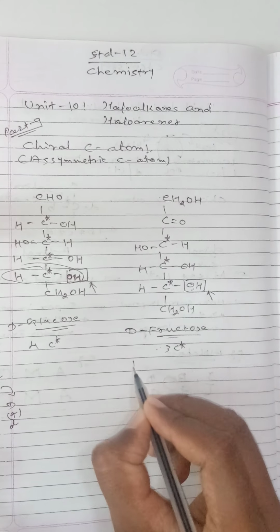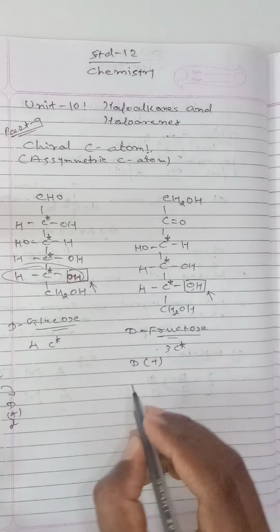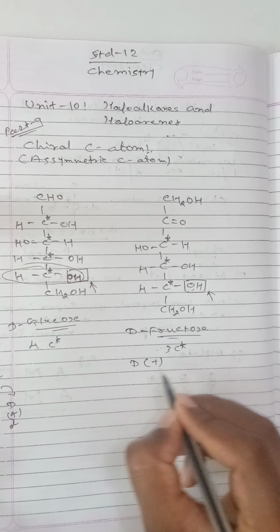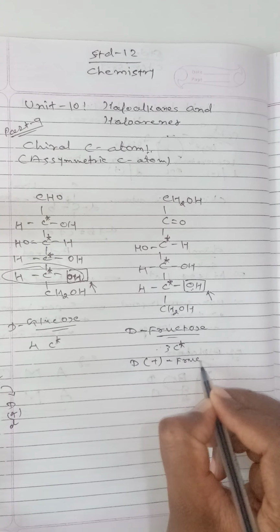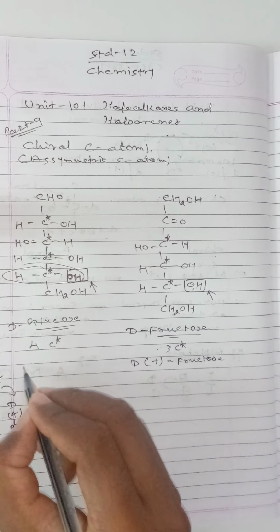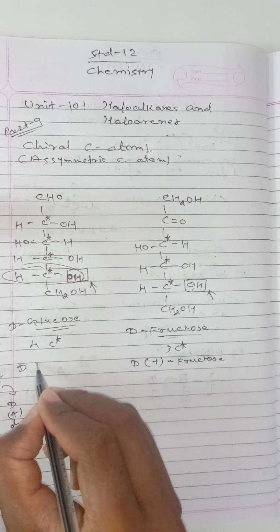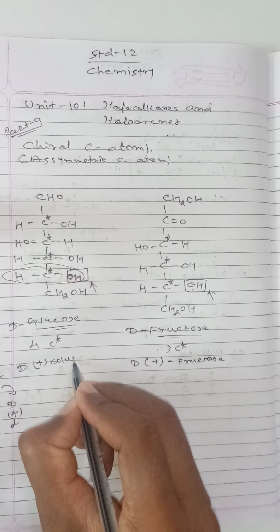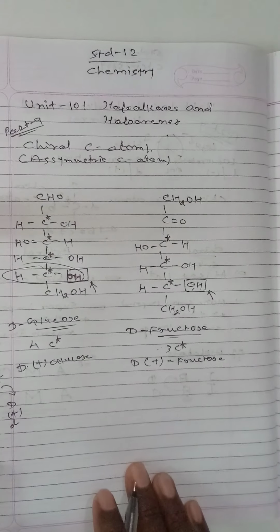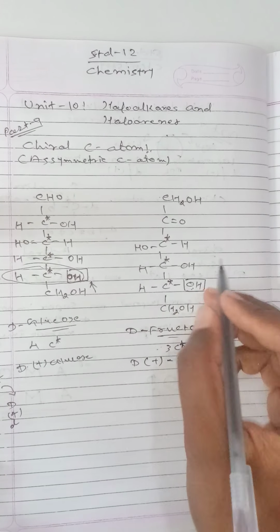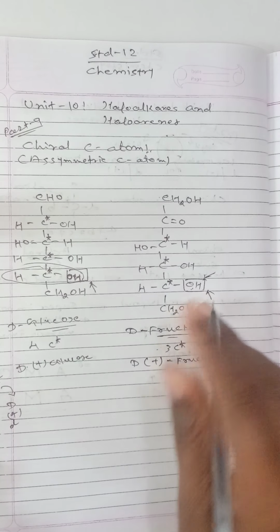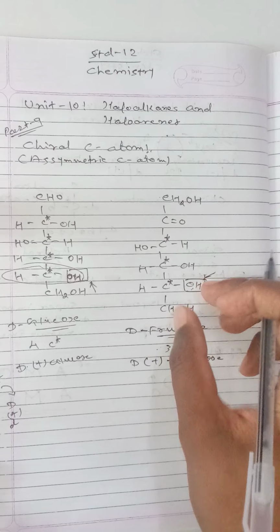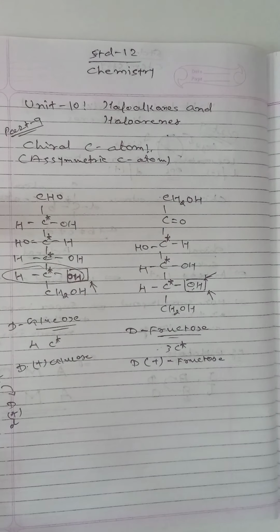Or it is said to be D or plus fructose, and here D or plus glucose. So remember one thing: please only check the last hydroxyl group, the OH group.